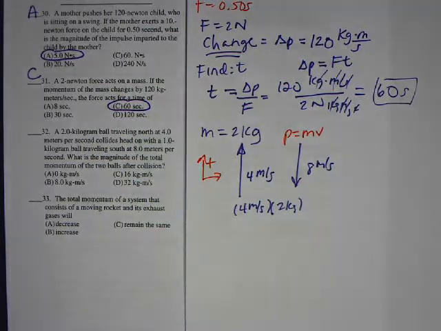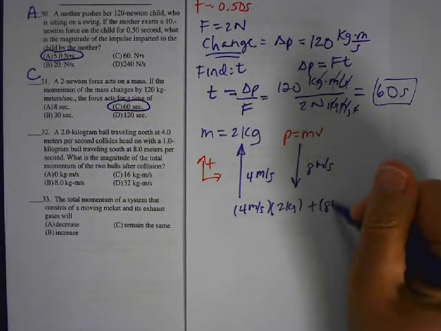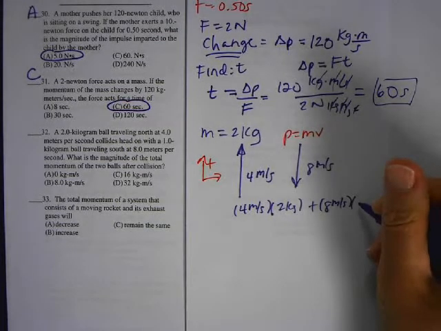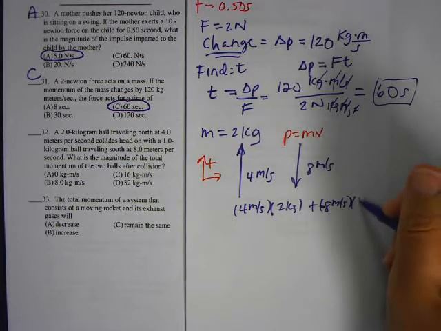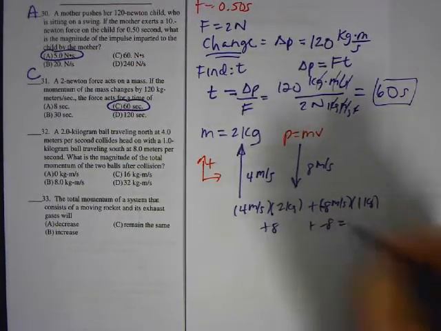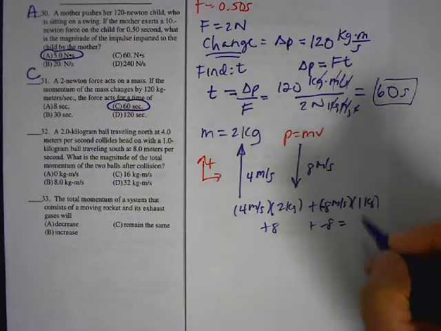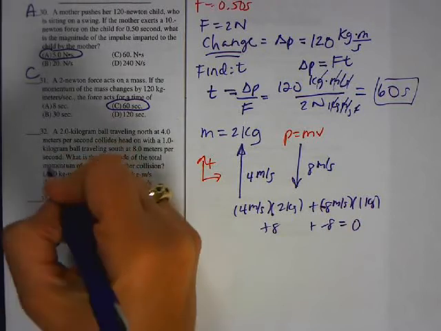Then the other one is 8 meters per second times, and this is negative because it's going south, times 1 kilogram. So I get positive 8 plus negative 8. So because they're going head on, the total momentum is going to be 0. They're going to cancel each other out.